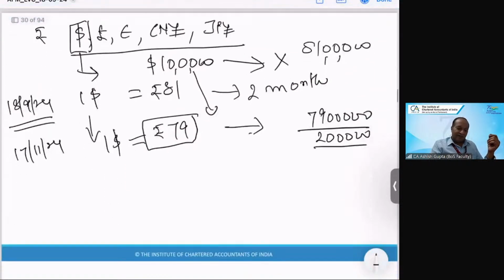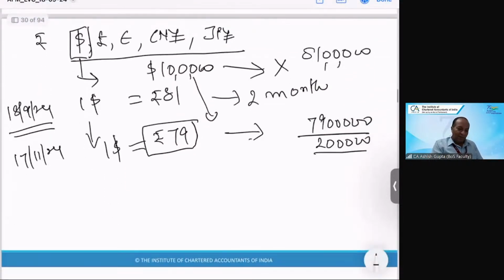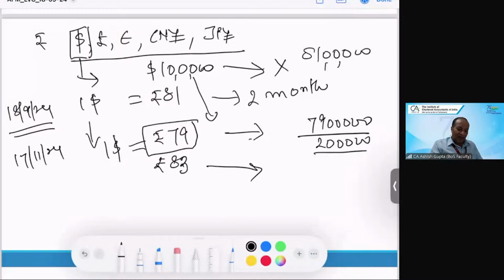Similar things can also happen if the price of the dollar becomes 83. Here I will have a gain of 2 lakh.